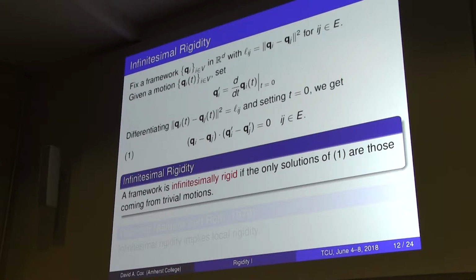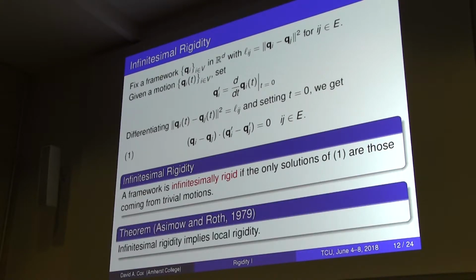So that means that infinitesimally there's not going to be any non-trivial motion. A theorem proved by Asimow and Roth in 1979 is that infinitesimal rigidity actually implies local rigidity. So you have a one-way implication. Although, as we'll see, the example I did before shows that the converse is not true, that you can have local rigidity but not infinitesimal rigidity.